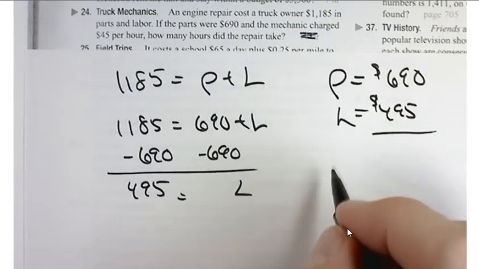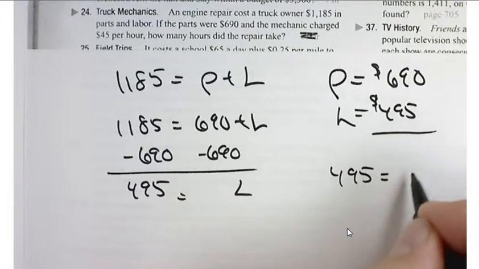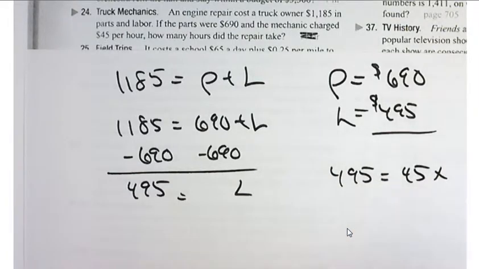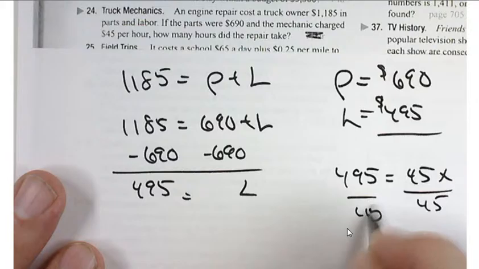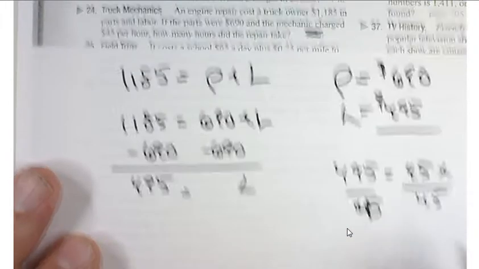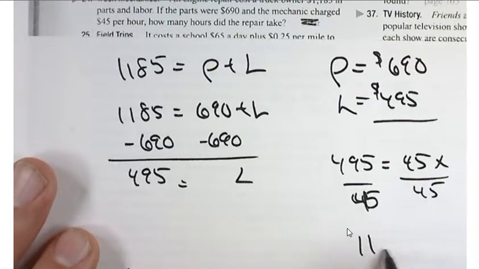So 495 represents how many hours at $45 an hour? What would you have to do? Yeah, divide by 45. So you divide both sides by 45. And you get 11 hours for X.